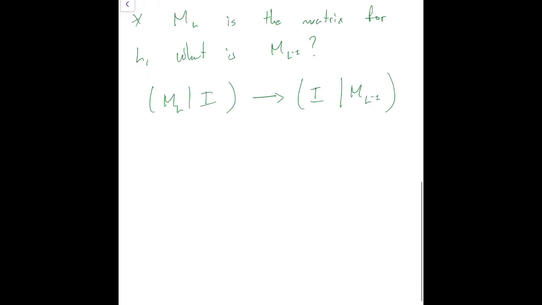Okay, so let's ask this question. How do you know the reduced row echelon form of M sub L is the identity matrix? Well, to know that, you have to use the fact that it is both injective and surjective. Since it's injective, there are going to be no free variables.